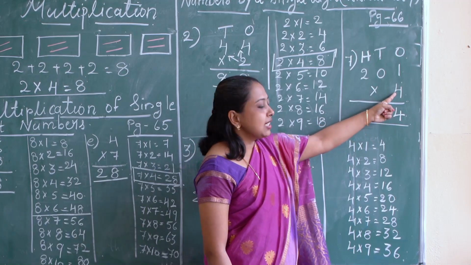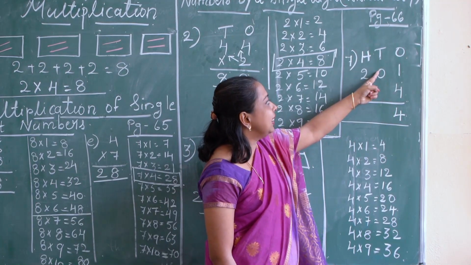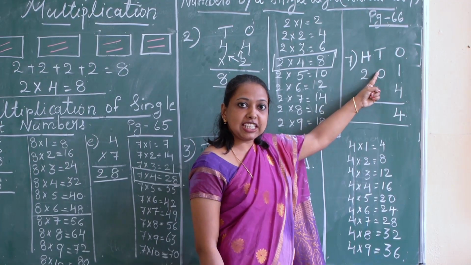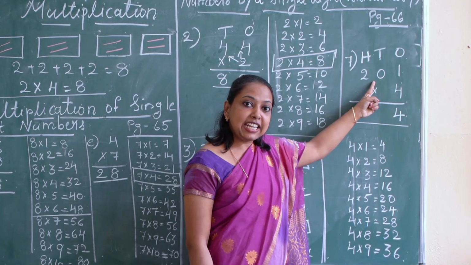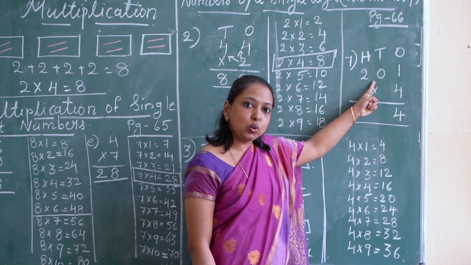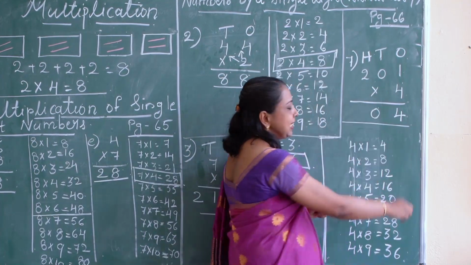Now, secondly, 4 multiplied by the digit at the tens place, 0. 4 multiplied by 0. 4 zeros are, any number multiplied by 0 is equal to 0. So 4 zeros are 0. You can write 0 at the tens place.